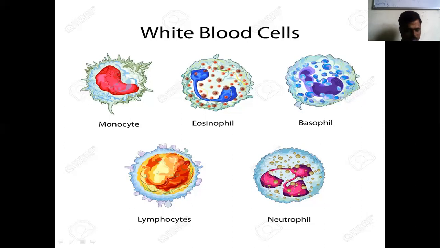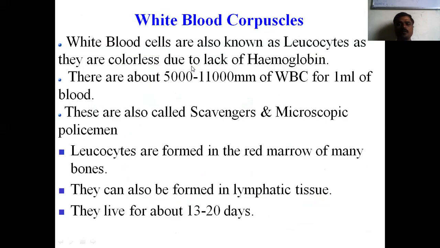Endophagocytosis and exophagocytosis take place. White blood cells are of 5 types: granulocytes and agranulocytes, including monocytes, eosinophils, basophils, lymphocytes and neutrophils. This is general information about the white blood cells.